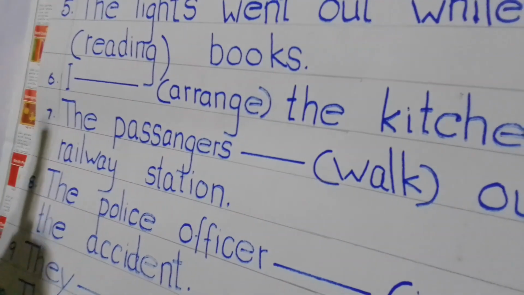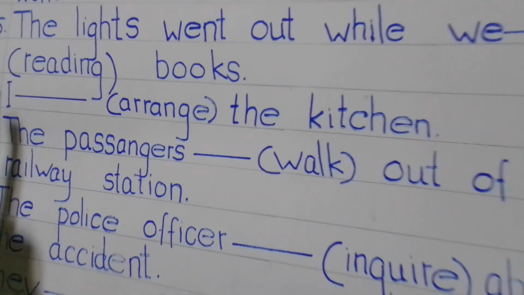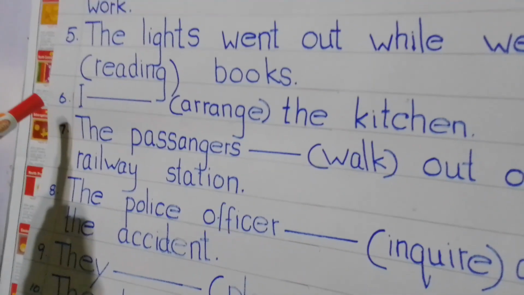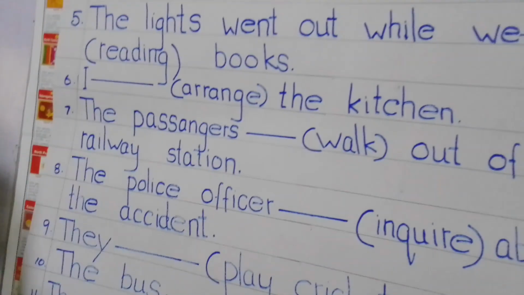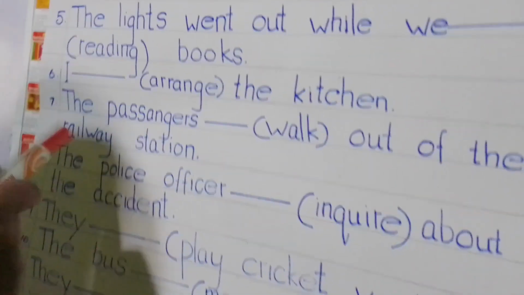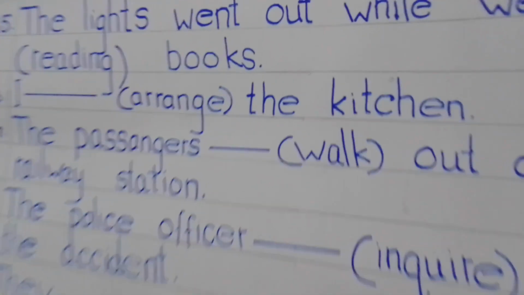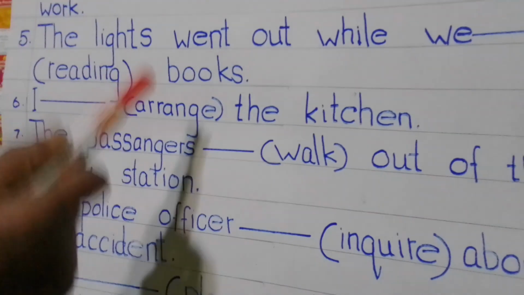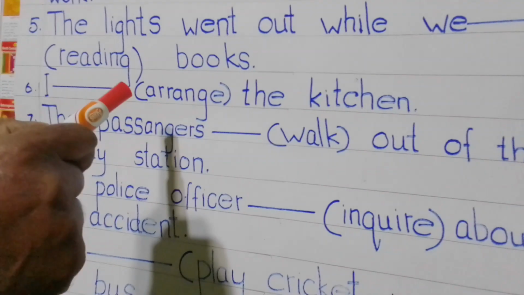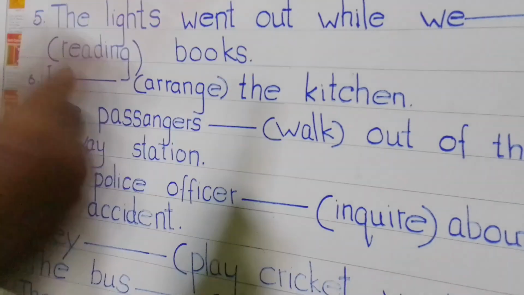Okay. Next one, sixth one, I. When you use I, I explained earlier, you have to use the auxiliary verb was. Okay. I was. Within brackets they are given the verb arrange. You have to write it with ing.